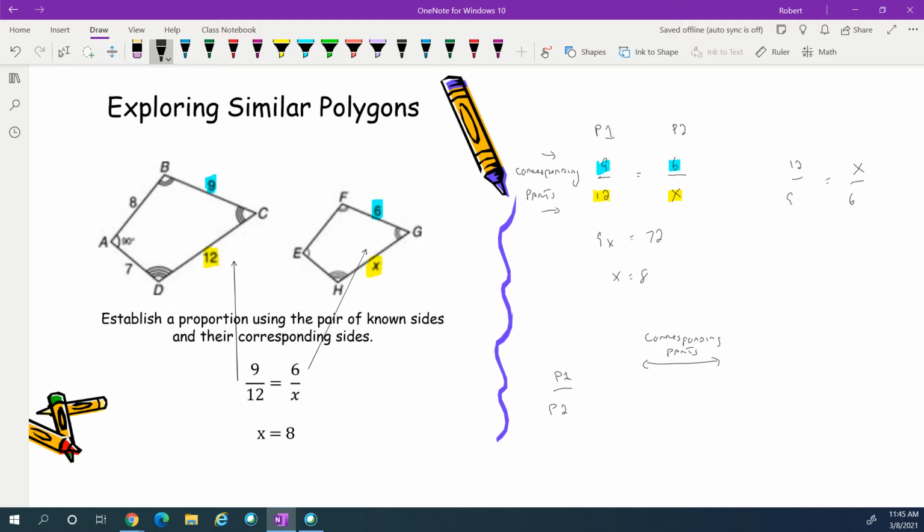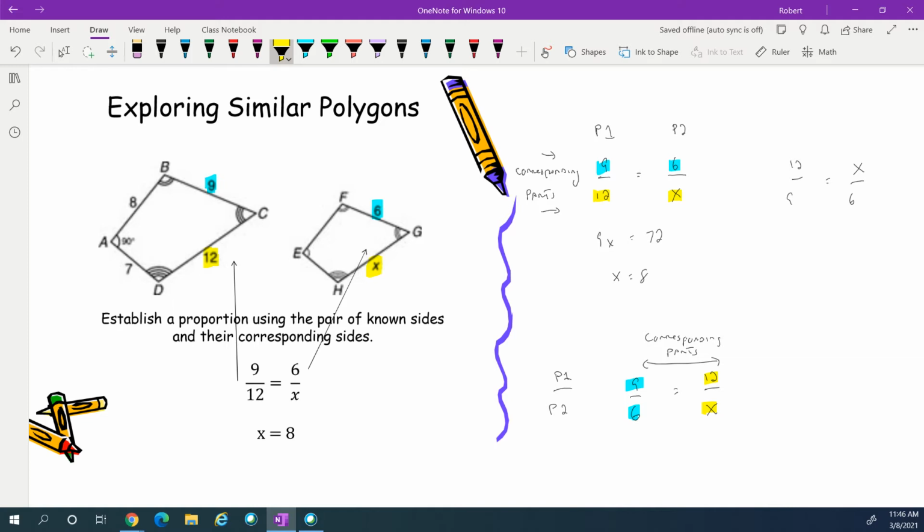So for example, I could do something like 9 over 6. Those are the corresponding parts, polygon 1 over polygon 2. I would match that with the other pair of corresponding parts, polygon 1 over polygon 2. And you can see when we cross multiply, we get the same 9x equals 72, and therefore we get the same value of x.